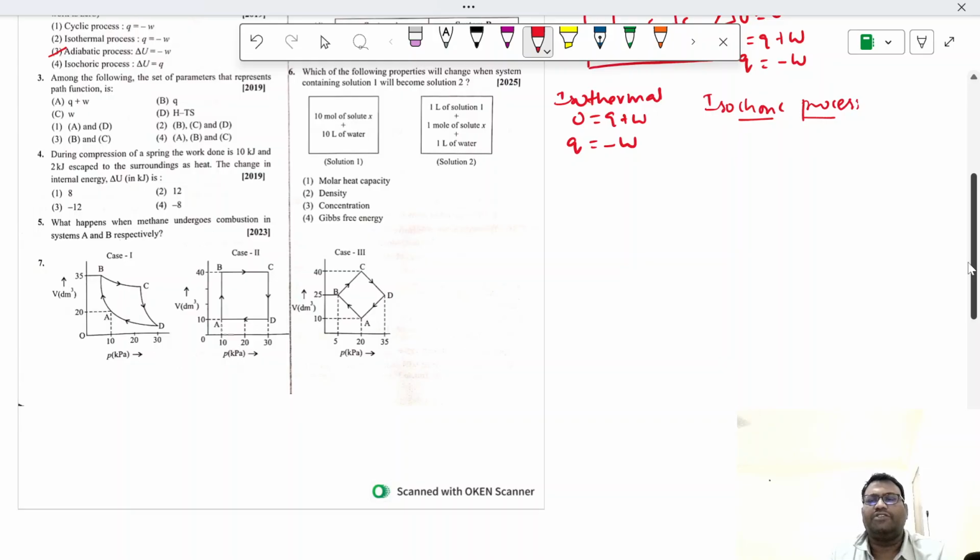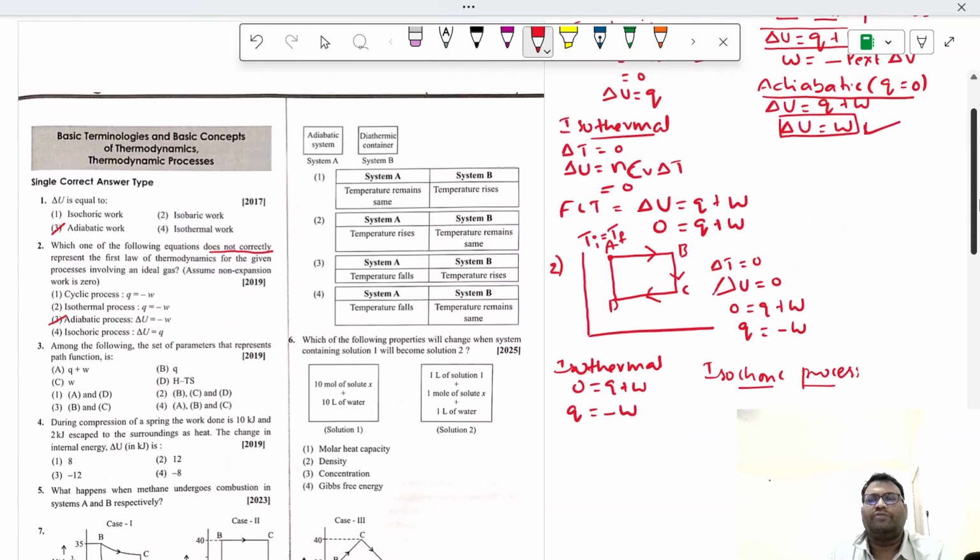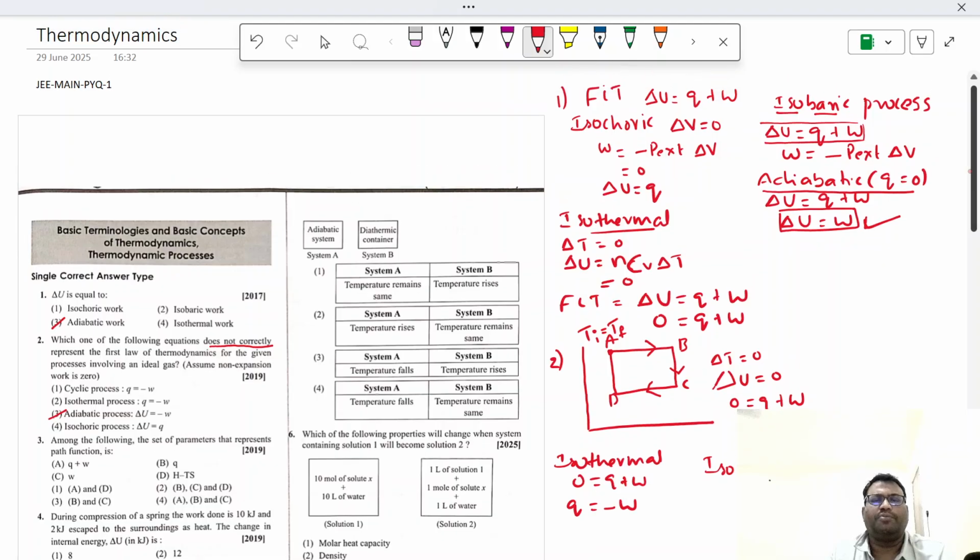We have already studied the isochoric process. In the isochoric process, delta U is equal to Q. So this is a correct statement. The question asked is which is not correct. So the adiabatic process will not be the correct one because delta U is equal to W. Right? Next, let us go with the third one.